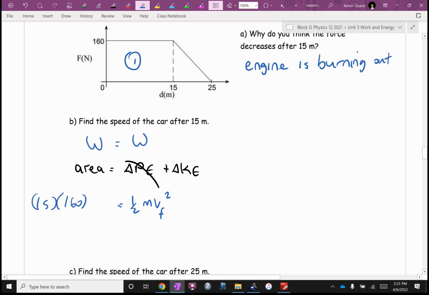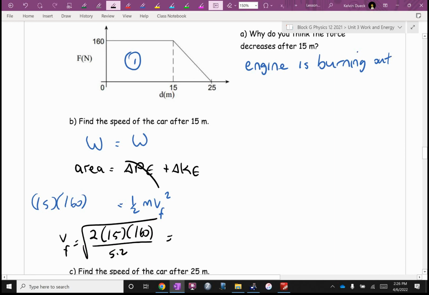Let's get the v by itself. Times by 2, divide by m, square root. 2 times 15 times 160 divided by, what was it, 5.2? Square root. Think about it, we've been able to do that.